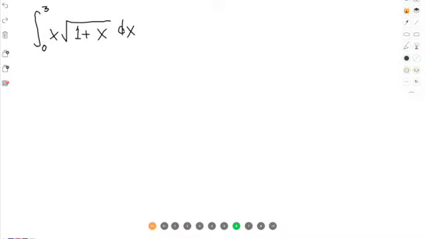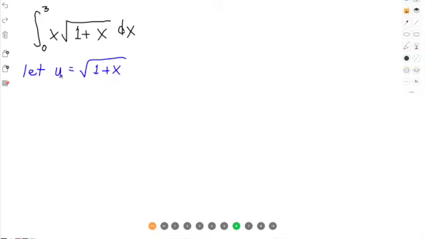So for this one, we'll be using u substitution. So we let u be equal to the square root of 1 plus x.